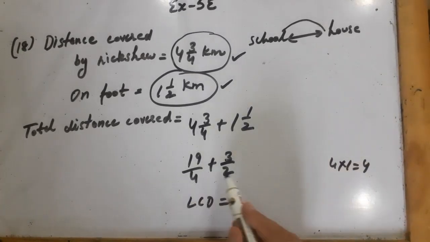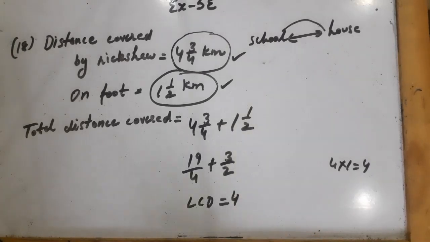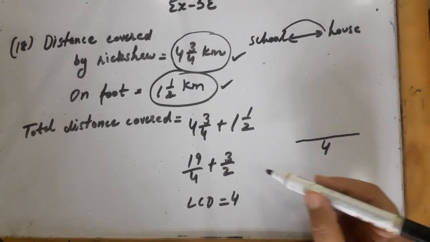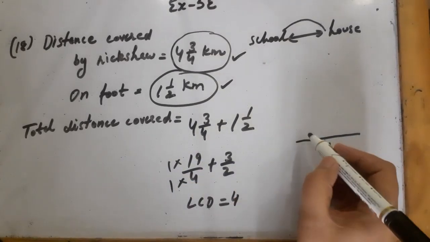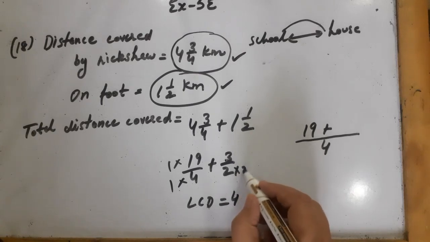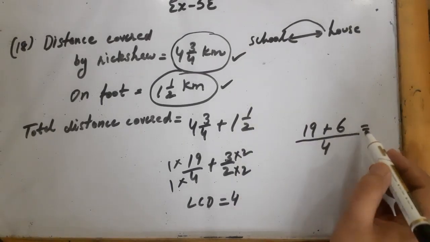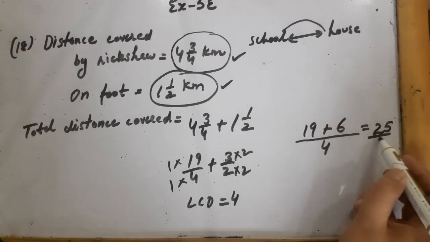Do you get 4 on the table of 2 also? Yes, 2 2s are 4, so it means my least common denominator will be 4. Now both of the fractions will have the denominator 4. So this already is 4, so 19 also will remain 19 only, and 2, how can 2 become 4? 2 2s are 4, so 3 2s are 6. So these are my new numerators. So 19 plus 6 becomes 25 by 4.